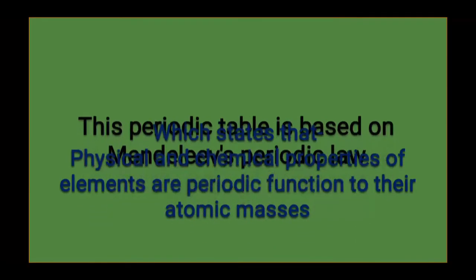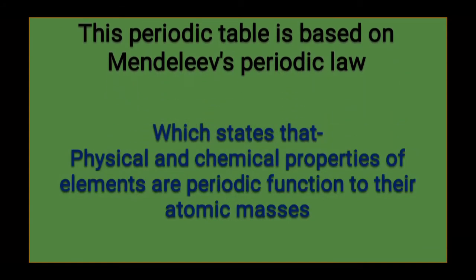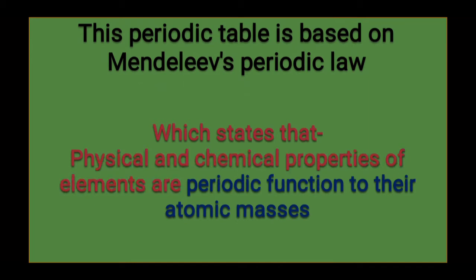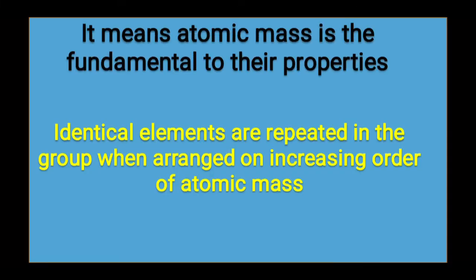This periodic table is based on Mendeleev's periodic law, which states that physical and chemical properties of elements are periodic function of their atomic masses. It means atomic mass is fundamental to their properties. Identical elements are repeated in the group when arranged in increasing order of atomic mass.